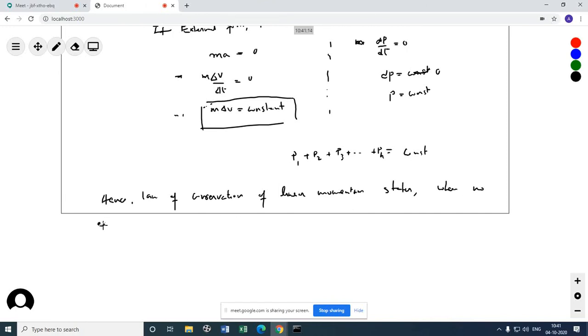When no external force acts on a system of particles, the total linear momentum of the system remains constant.